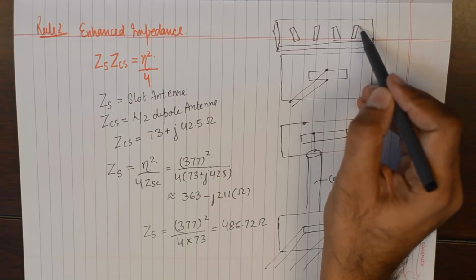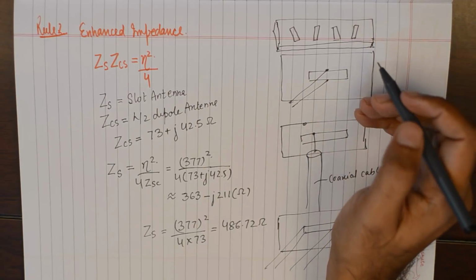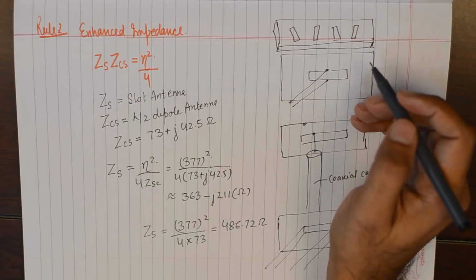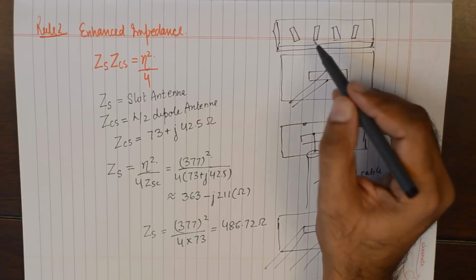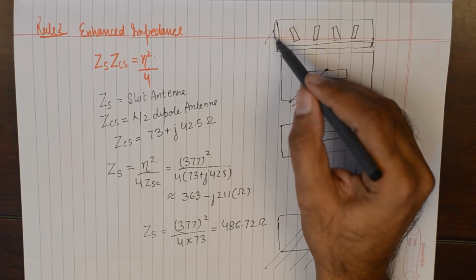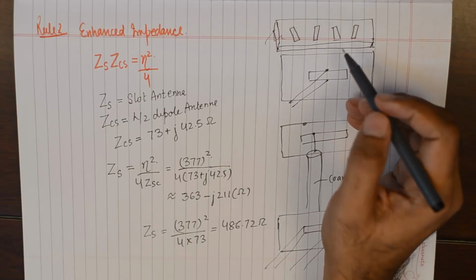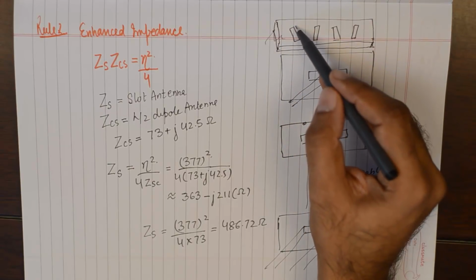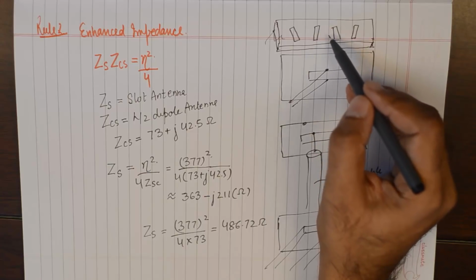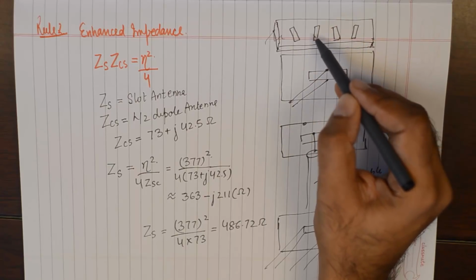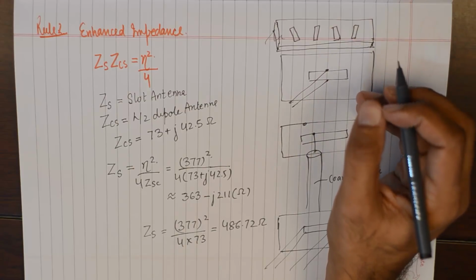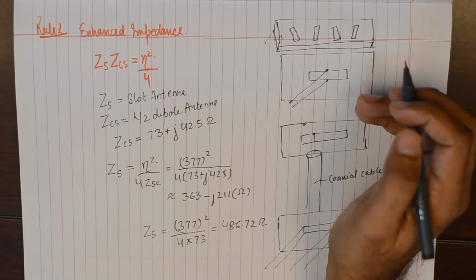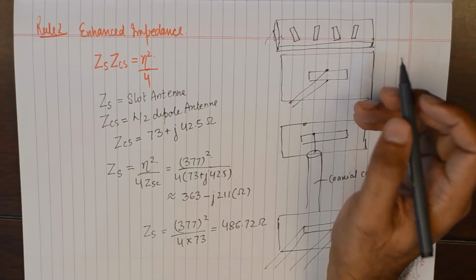Now please understand the width of these slots would be dependent on the wavelength that you're going to be using in this waveguide. So it is bound to be lambda by 2, and the placement of these slots would depend upon the phase difference that you would want and the directivity that you would want.